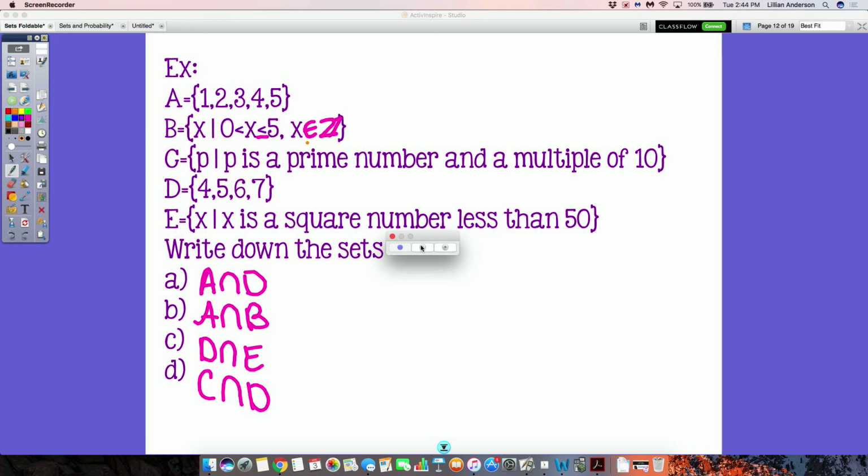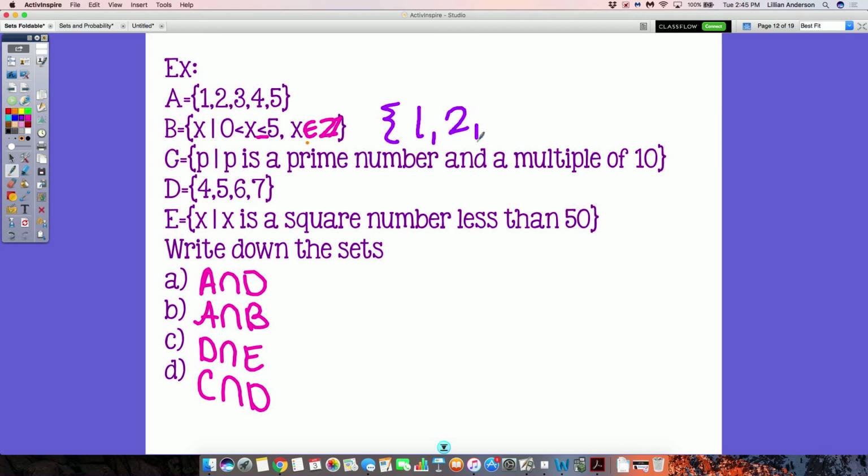So, especially with ones like this, at least when I'm teaching, I've always been the type to go ahead and just write out what each of the sets are if they're not explicitly given, like A is or like D is. What are the elements in set B? 1, 2, 3, 4, 5. 0 is not included. 5 is.